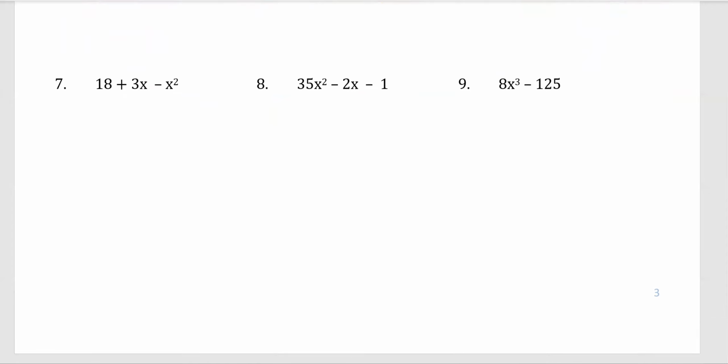Number 7, I prefer to do number 7 this way, personal preference. Going to factor out a -1, so my leading coefficient is positive.